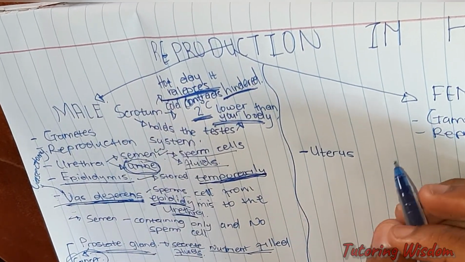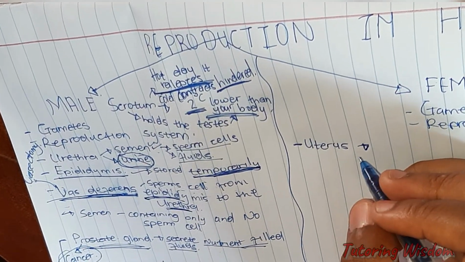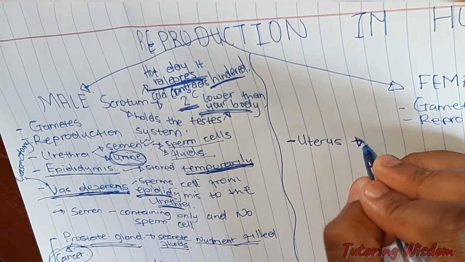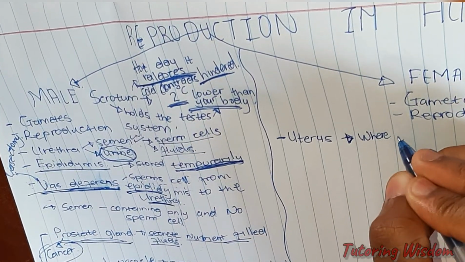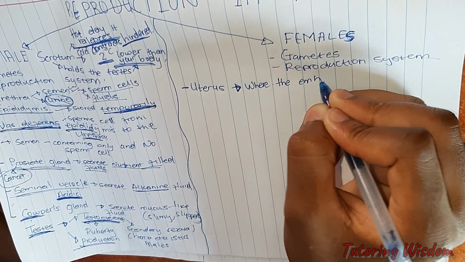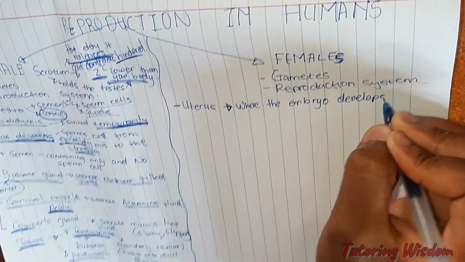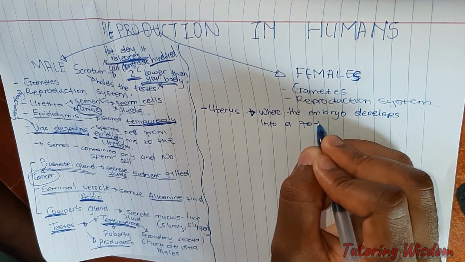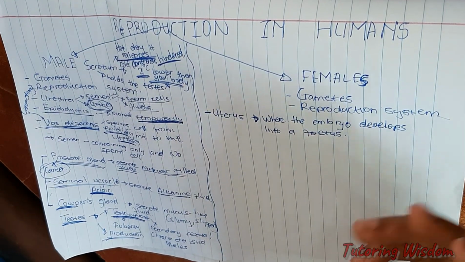So your uterus is the part of a female where the baby grows, where the embryo develops into a fetus. So this is where the embryo develops into a fetus.